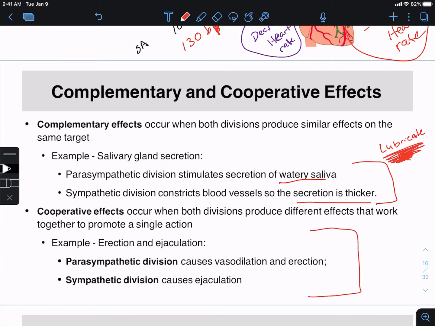In the reproductive system, the erection reflex is regulated by the parasympathetic nervous system, while the ejaculation reflex is regulated by the sympathetic nervous system.